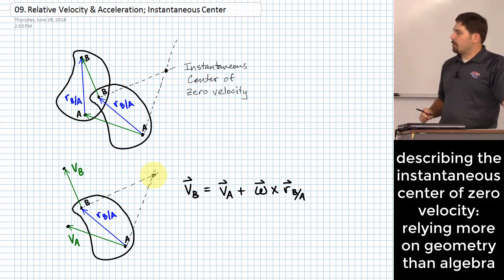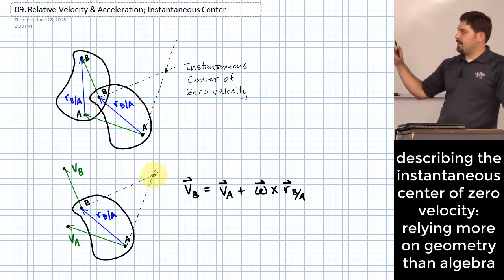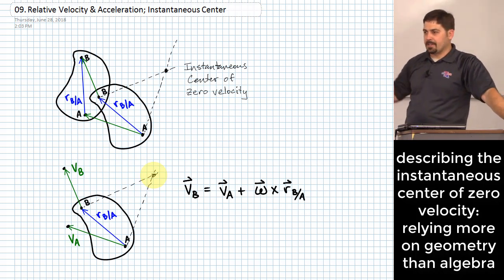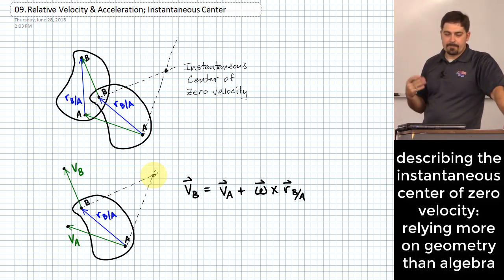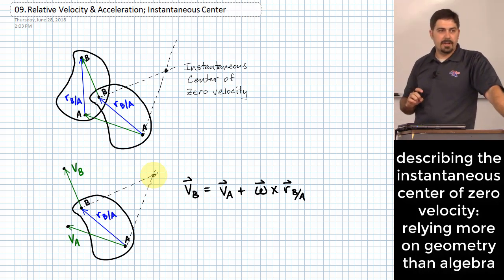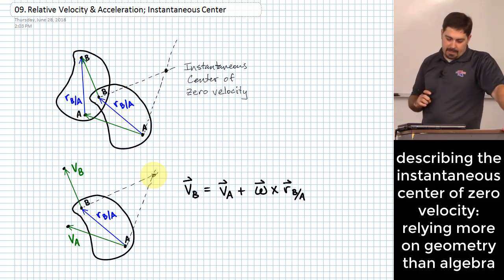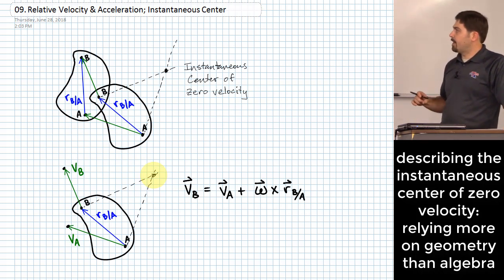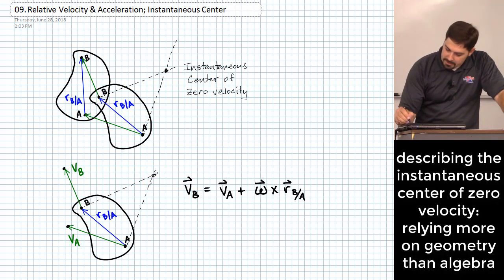What this does for us is it allows us to do some calculations rather than getting into all this vector notation. It allows us to do calculations that look more scalar in nature. So that's another aspect of what we're going to do in just a second. Remember that when we're doing the instantaneous center of zero velocity, you got to go back to one of the principles that we learned.